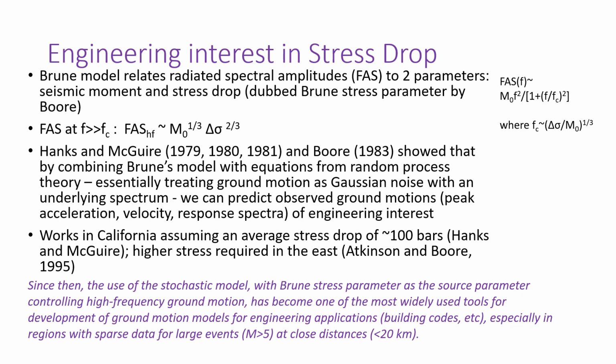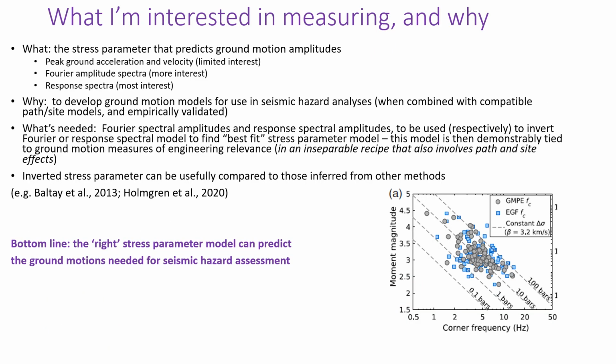So since that time, the use of this so-called stochastic model in concert with the Brune stress parameter as the source parameter that's controlling the high frequency ground motion has become one of the most widely used tools for developing ground motion models for engineering applications, building codes, specific projects, and so on, especially in regions where the data are sparse for the large events at close distance that are most interesting for engineers.